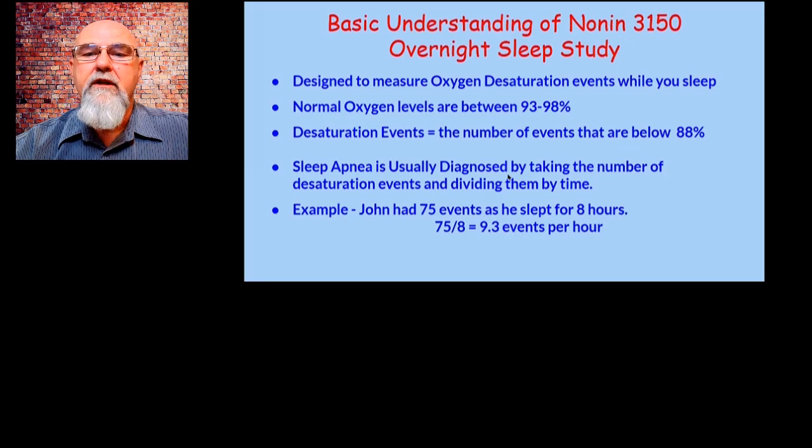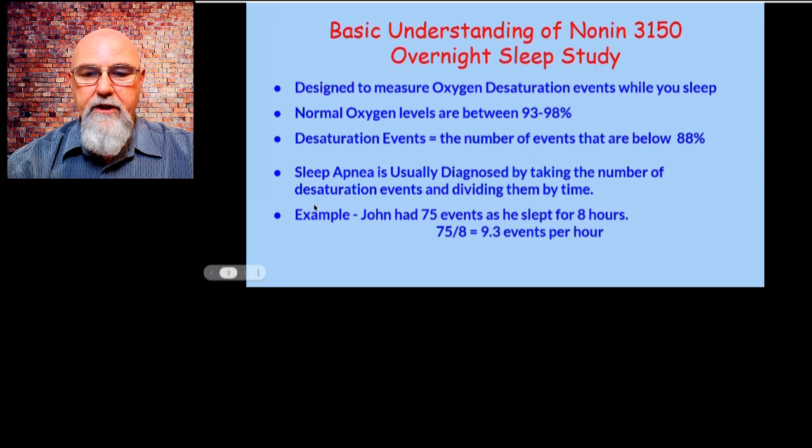Sleep apnea is usually diagnosed by taking the number of desaturation events and dividing them by time. So here's an example. John had 75 events as he slept for 8 hours. We'll take his 75 events, divide it by 8, and it equals 9.3 events per hour.